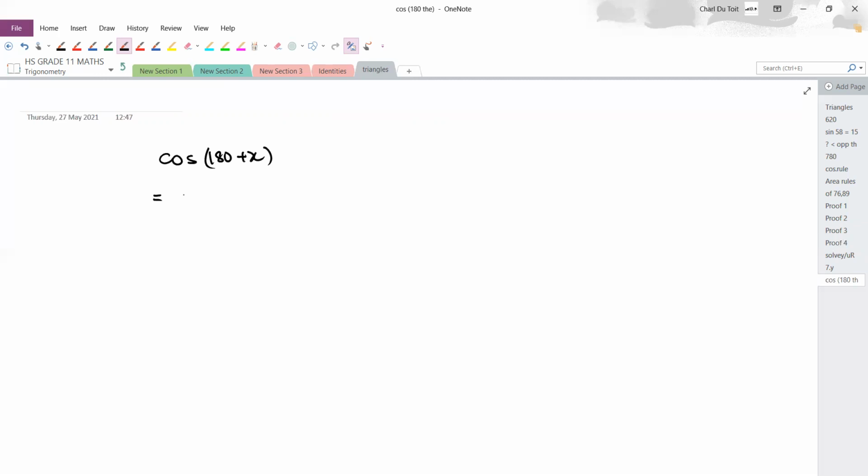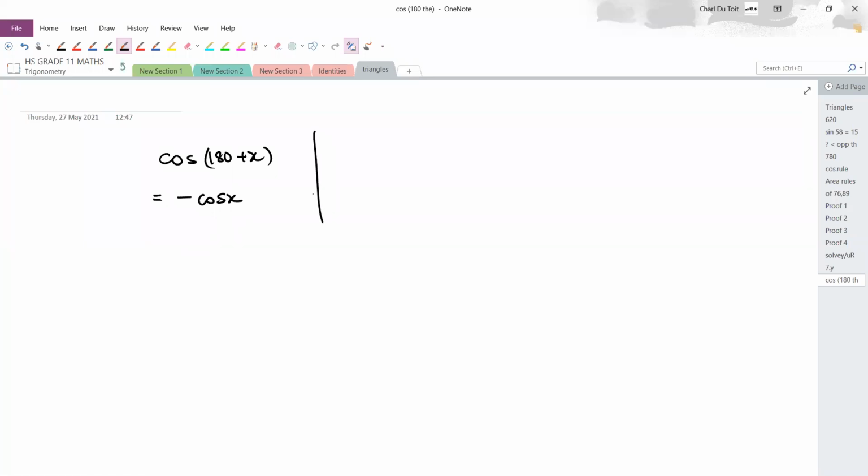In the third quadrant, cos is negative, so it's going to be a negative sign. Negative cos x. Is that right? Yes, I'm going to say negative cos x.